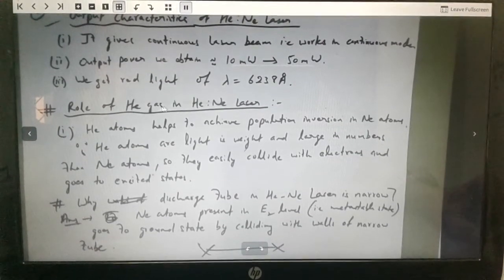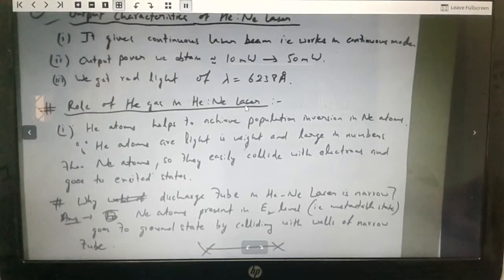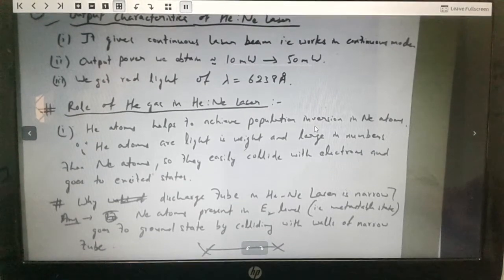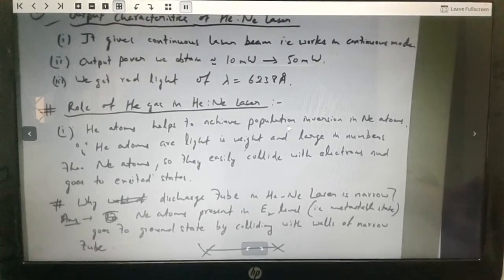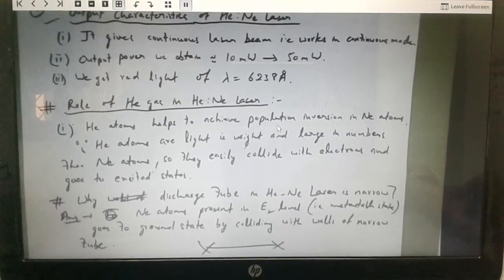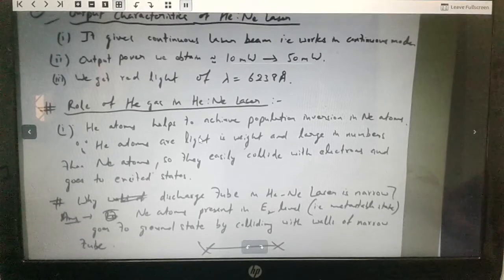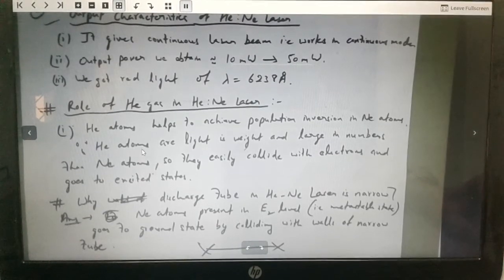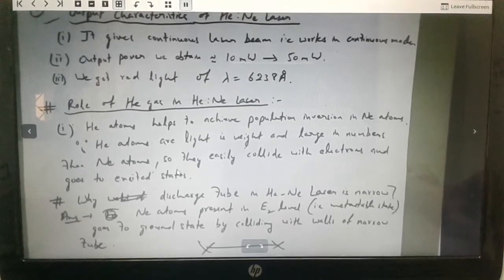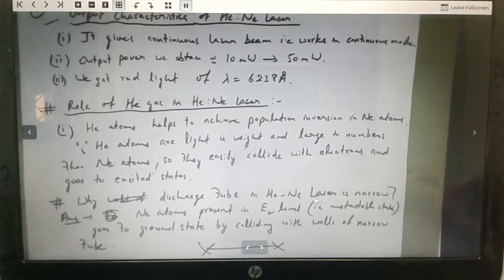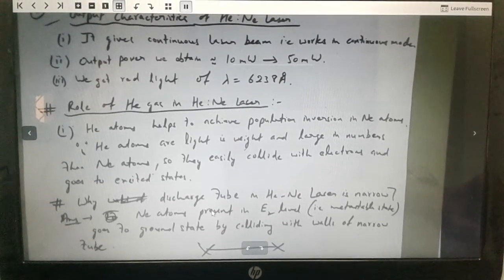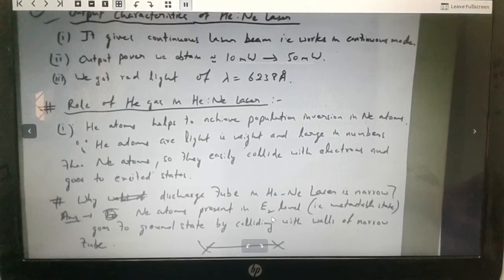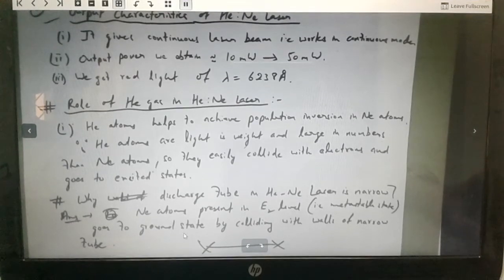The role of helium gas in this laser is to achieve population inversion in neon atoms. This is done by collision of excited helium atoms with the neon atoms. And the discharge tube of the helium neon laser is narrow so that the transition of neon atoms in the E2 level to the ground state can be made possible.